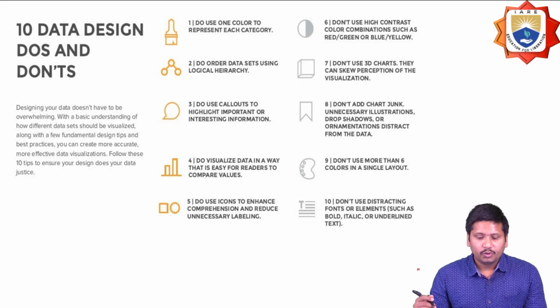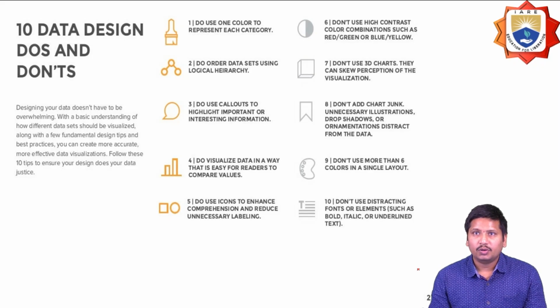So totally, I'm going to cover the do's and don'ts of data design. With a basic understanding of how data sets can be visualized, you can create more accurate and effective data visualization. Follow these tips to ensure the data is not misrepresented.